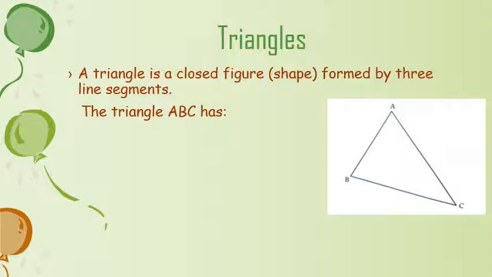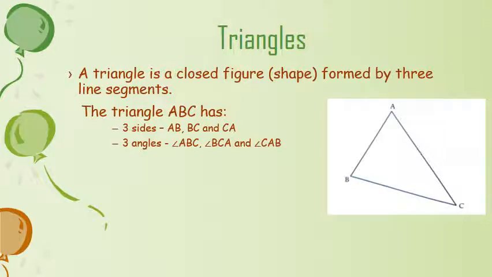The triangle ABC, which is given in the picture, has three sides, right? Side AB, side BC and side CA. So, a triangle has three sides.